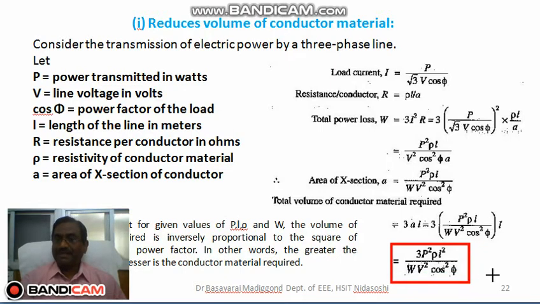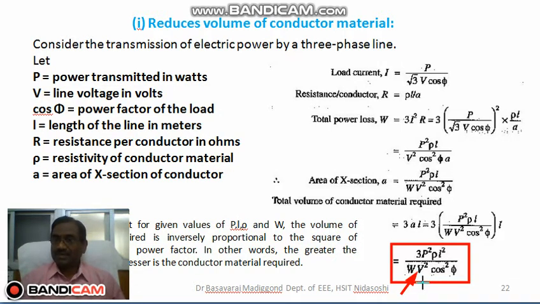What do you observe from this equation? You can see that the volume of the conductor material required is inversely proportional to the square of the transmission voltage, that is, inversely proportional to V square.